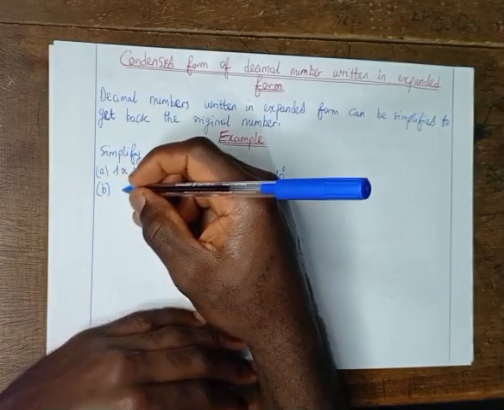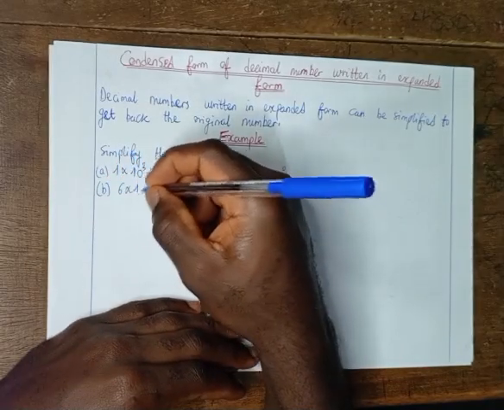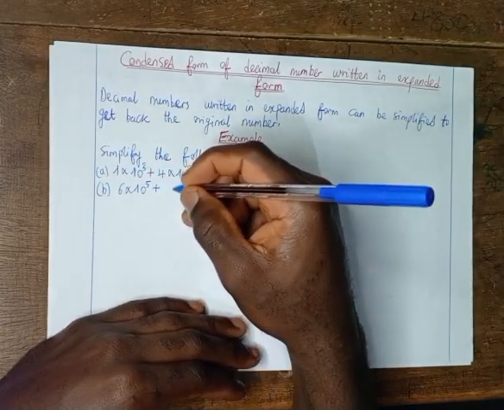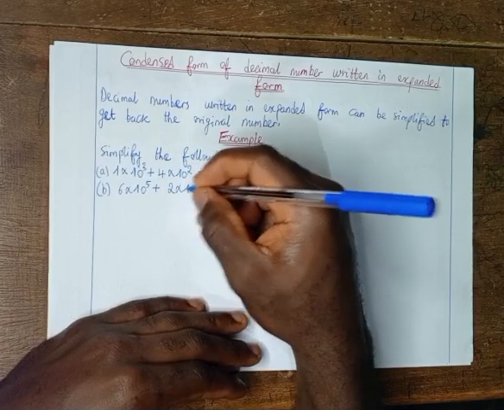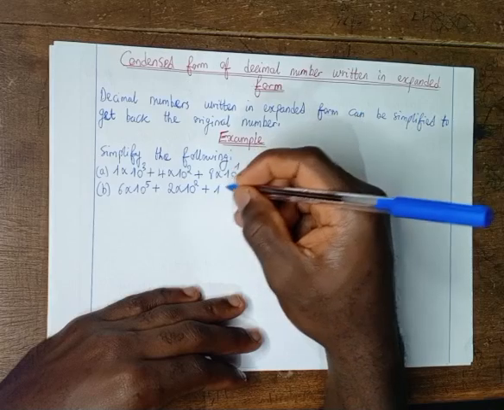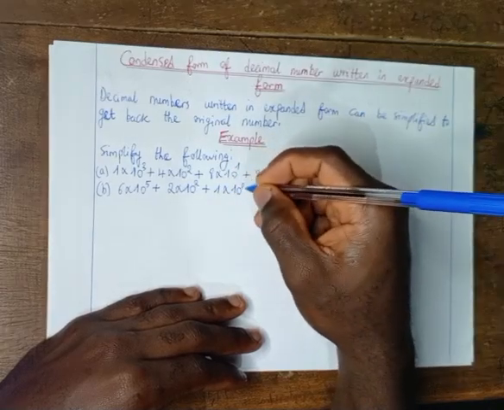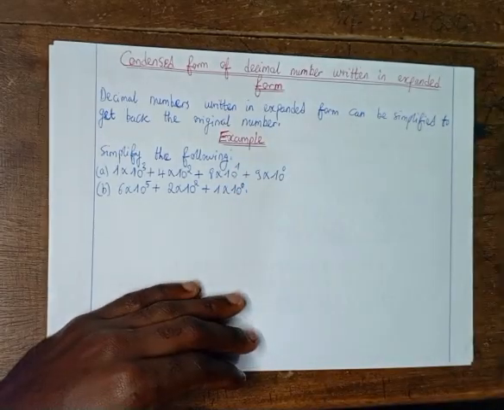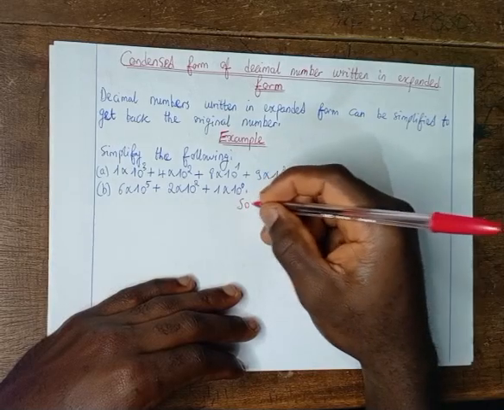For B, we have the number 6 times 10 to the power 5 plus 2 times 10 to the power 2 plus 1 times 10 to the power 0. We take down the solution.